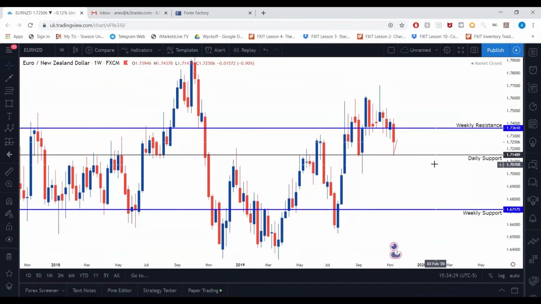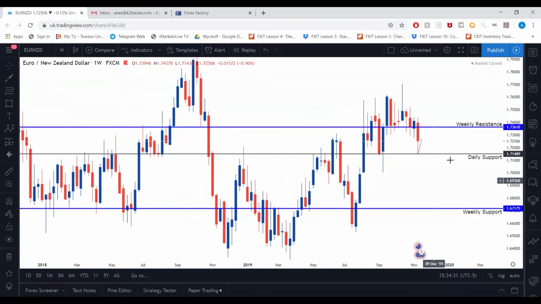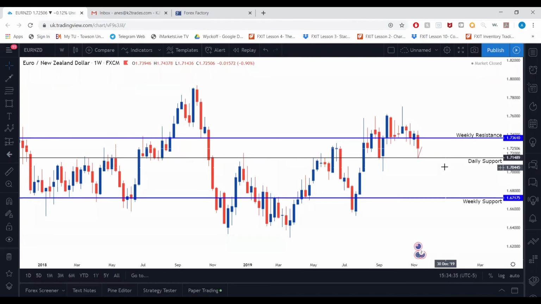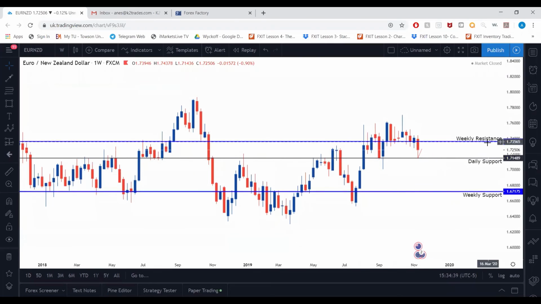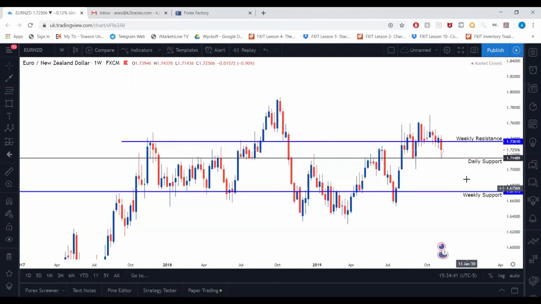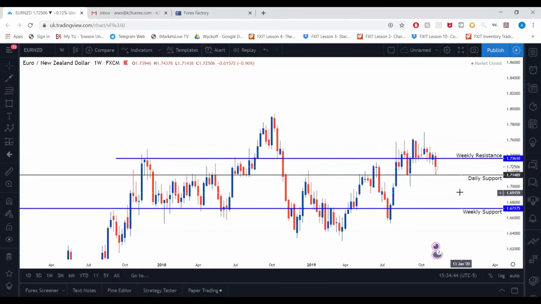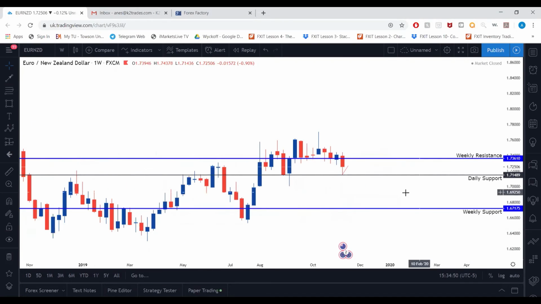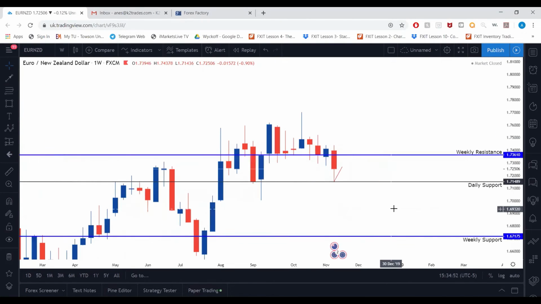And in the long term, I am definitely favoring this correction to the downside, because I am expecting NZD to recover. So hopefully, starting sometime late this year and going into the next year for NZD and AUD, I believe they have suffered enough.